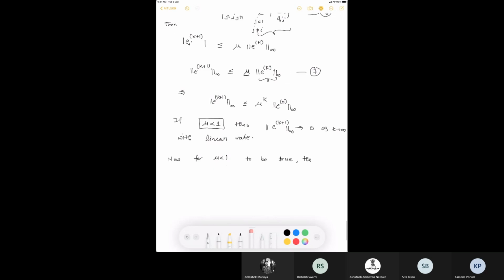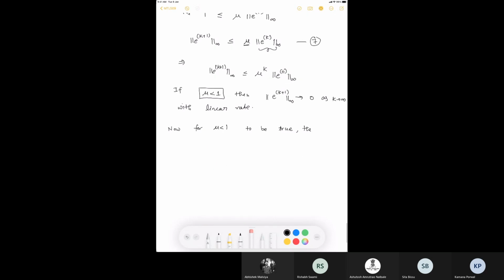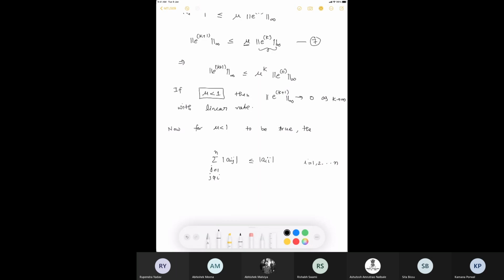Basically we are demanding that the summation of |a_ij| divided by |a_ii|, where I'm taking the a_ii to the other side, with j equals 1 to n, j not equal to i, has to be true for all i's. If we have this, mu will be strictly less than 1, and this relation is basically telling you that the matrix A is diagonally dominant.